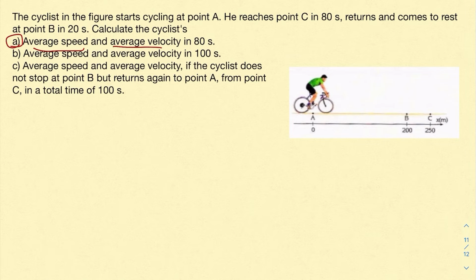So let me just write down here A. I will write speed is equal to, and here velocity is equal to. Speed needs total distance over time, whereas velocity needs delta x, or displacement, over time.